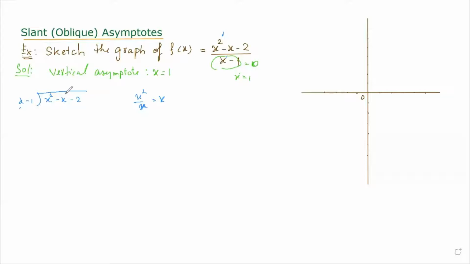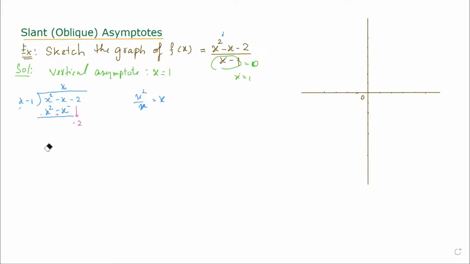Then x times x becomes x squared, and x times negative 1 becomes minus x. Then subtract. Don't forget, because it's subtraction, you have to change the signs, so this becomes 0 and this also becomes 0. Then the negative 2 just carry it down, that's all. So we have negative 2.